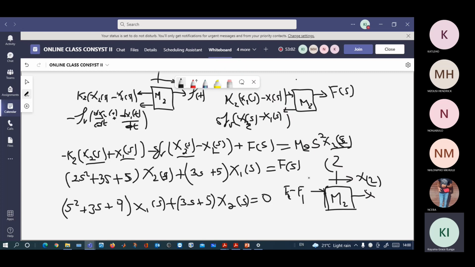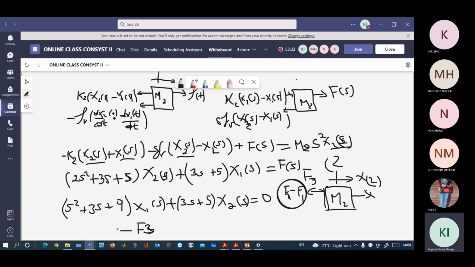But now when it's about to write the forces in my equation, I will take this force here. Writing the force, let's call this one F1 minus F2, it gives you F3. So in my equation, I will write that it's going to be minus F3.